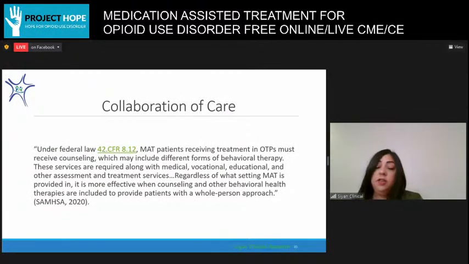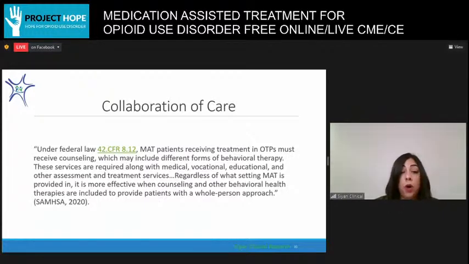It's important to note that the most effective way to treat opiate use disorder is a multidisciplinary approach. The importance of this is underscored by SAMHSA in terms of a collaboration of care. According to SAMHSA, under federal law, MAT patients receiving treatment in opiate treatment programs must receive counseling, which may include different forms of behavioral therapy.